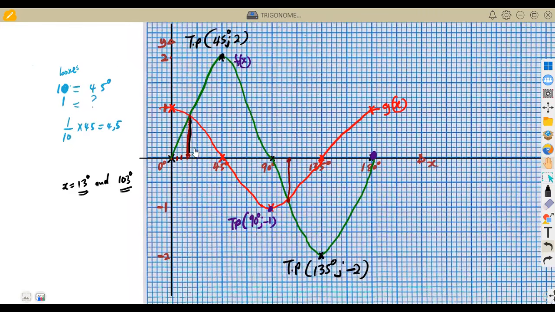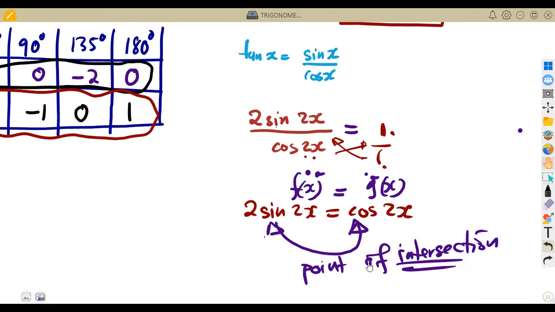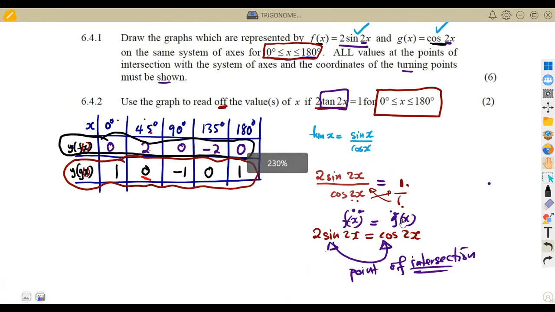So you won't have that exact value as you expect it to be, but this is what we're supposed to have. We take this graph from where f of x is equal to g of x. But look at the way that they ask this question.